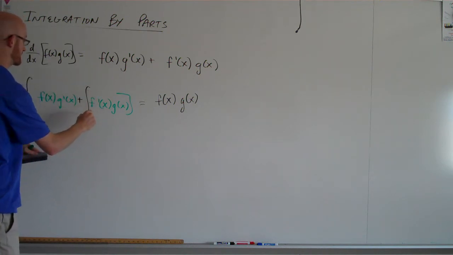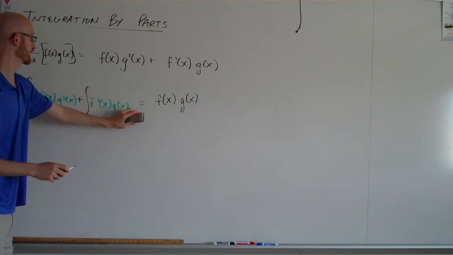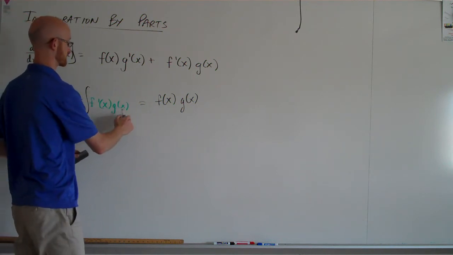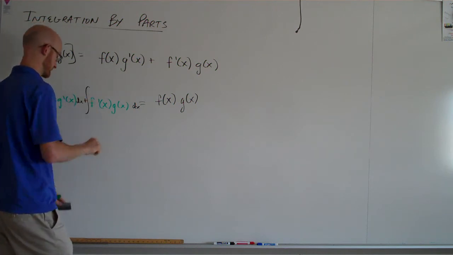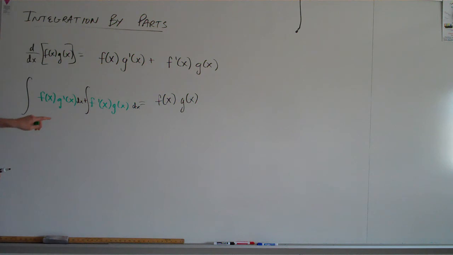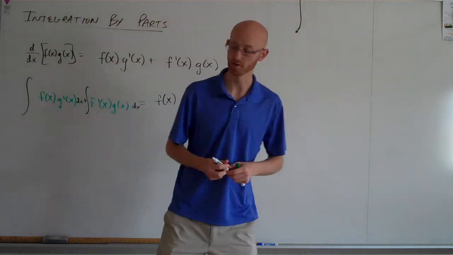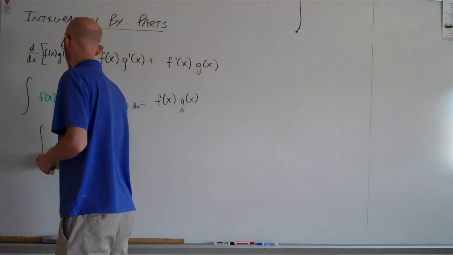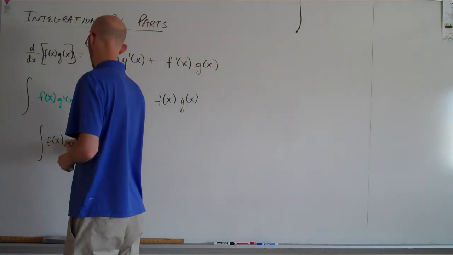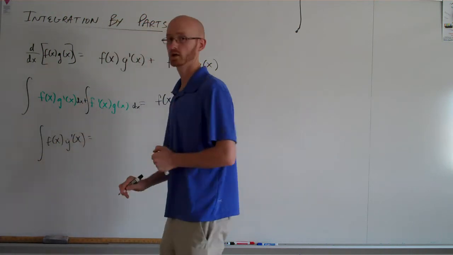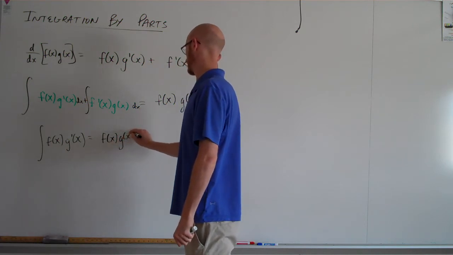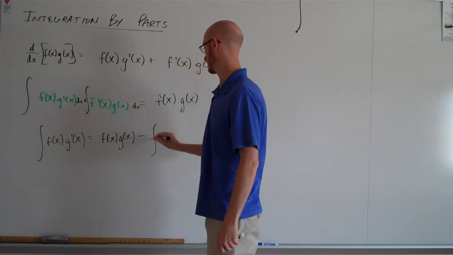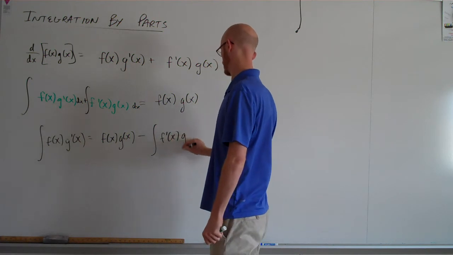So now what we're going to do is we're just going to split these two pieces of our integral. We're just going to add those two integrals together, and I should technically have integral dx, so that we know what variable we're integrating with respect to. And if we isolate this integral, fg prime, we get the integral of f of x, g prime of x, is equal to f of x, g of x, minus the integral of f prime of x, g of x.